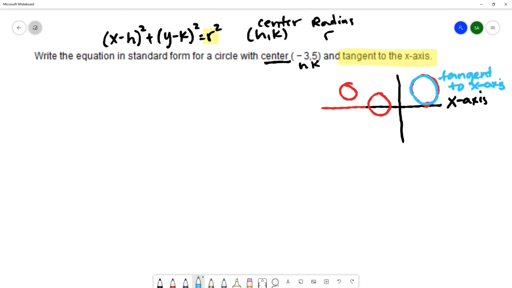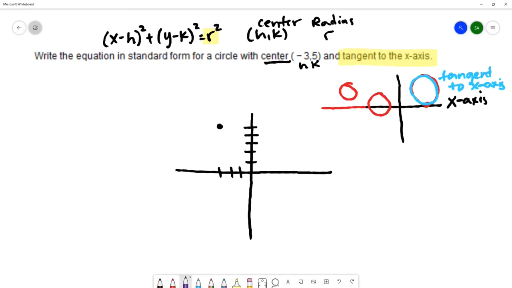What that does for us is it allows us to determine the value of the radius. If I start to draw this picture, I think it'll become more apparent. For the example that we're working with, we have a center of (-3, 5), and the circle I want to draw is going to be tangent to the x-axis.